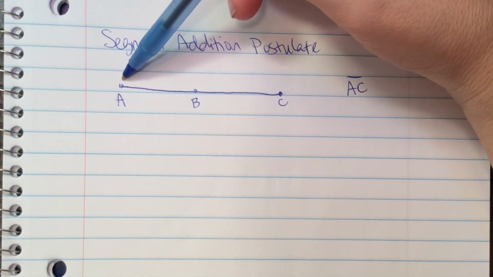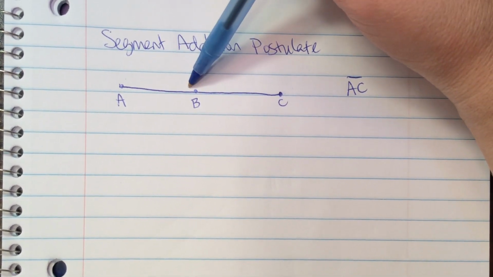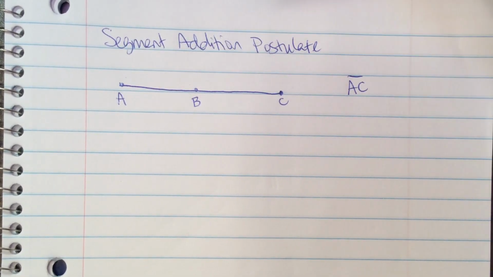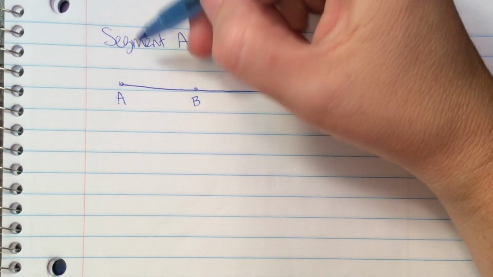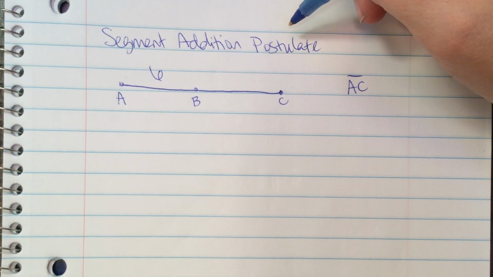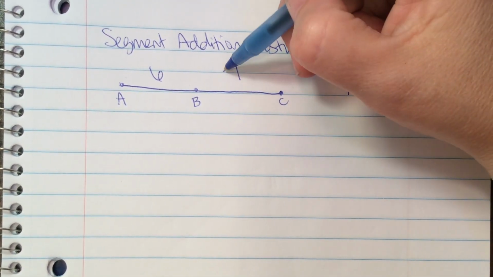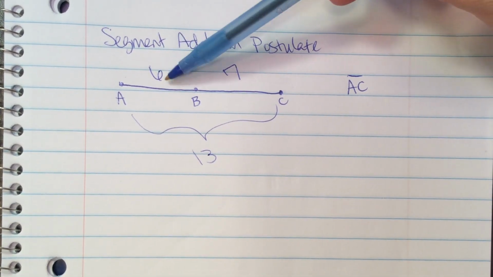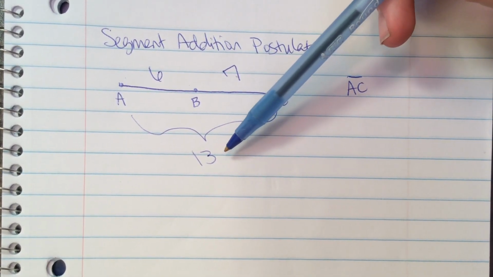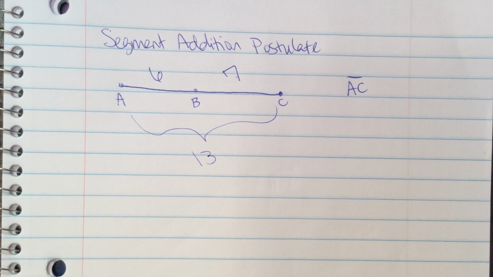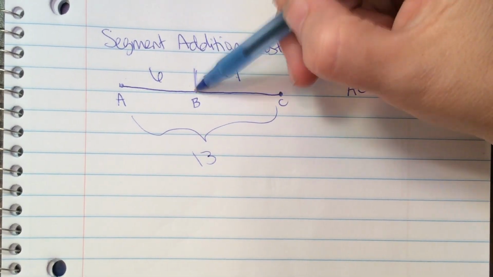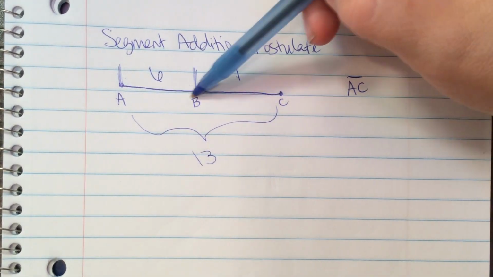But it says that if you have a line segment and there's a point inside of it, and we take this part and we add the other part to it, it'll equal the whole, which makes sense. So let's say that this part is 6 and this part is 7, then the whole thing has to be 13, because 6 plus 7 equals 13.